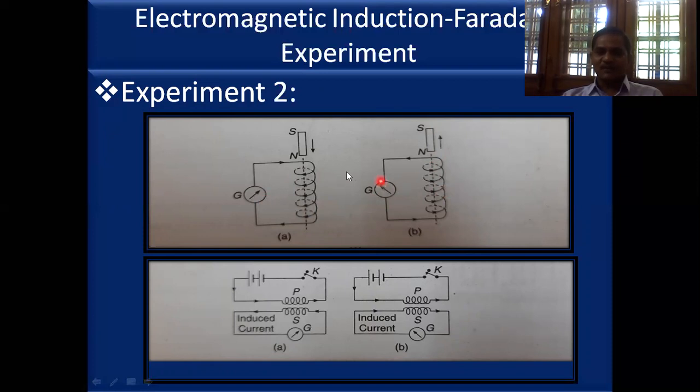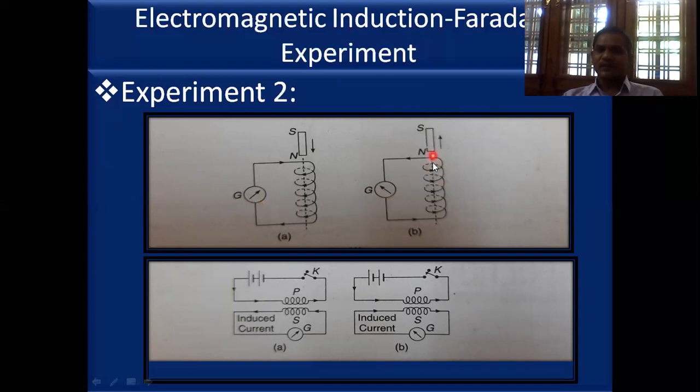So what happens here? Whenever the bar magnet is moving towards the closed circuit coil, an increasing magnetic field is enclosed by this coil. So increasing magnetic flux is linking with this coil, which produces EMF, electromotive force, in this circuit. Hence we get a current, called induced current, and the EMF is known as induced EMF.